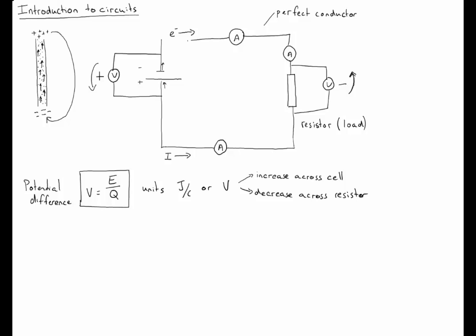It doesn't matter. The current, or the rate of charge flow through those wires, and in fact through the resistor, will be the same no matter where you are in that single circuit. We're talking about a series circuit here where there's just one path through the circuit. The current will be the same.